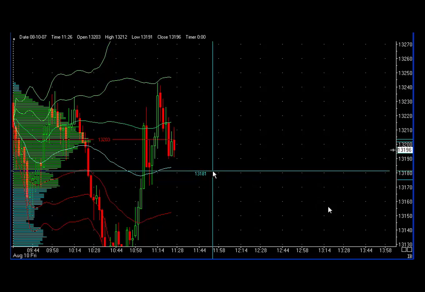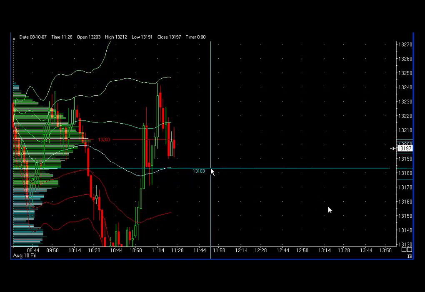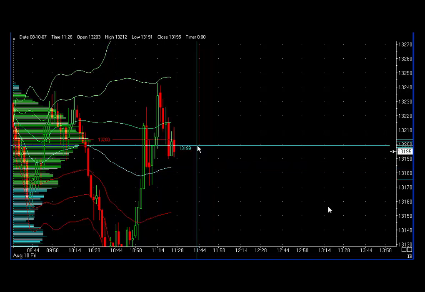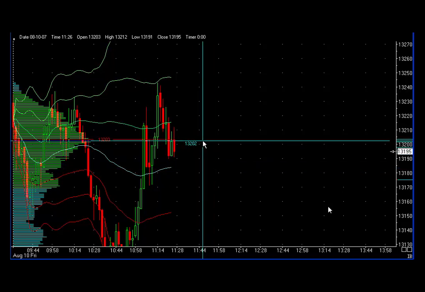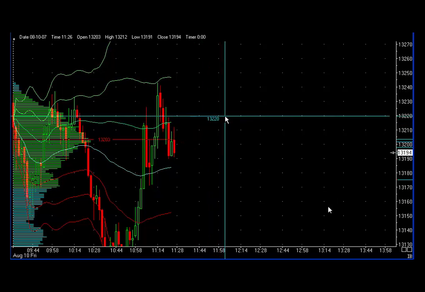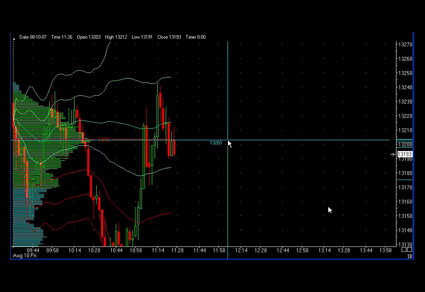Negative skew, VWAP is less than the peak volume price. Positive skew, VWAP greater than the peak volume price. No skew, VWAP about equal to the PVP.